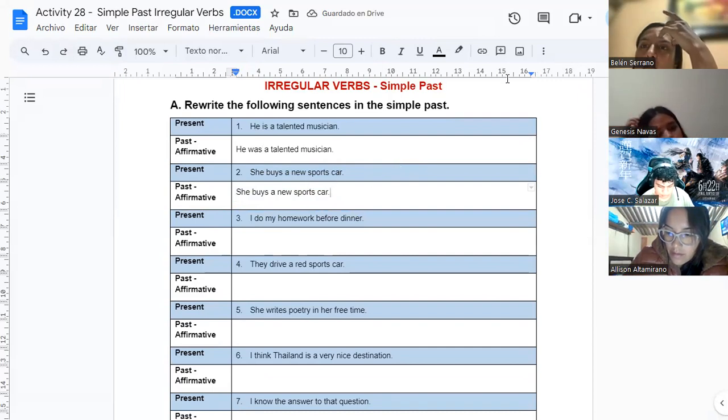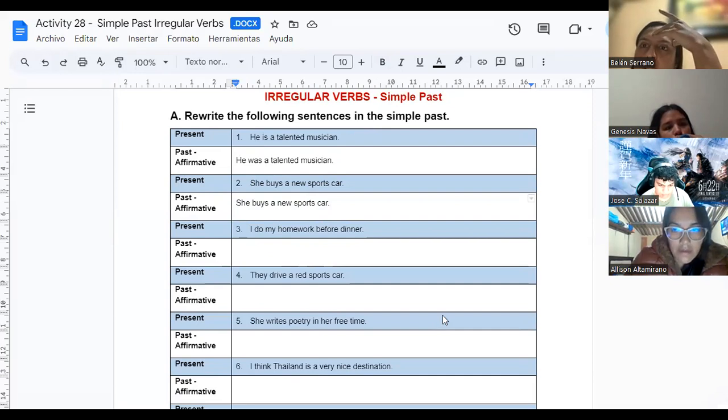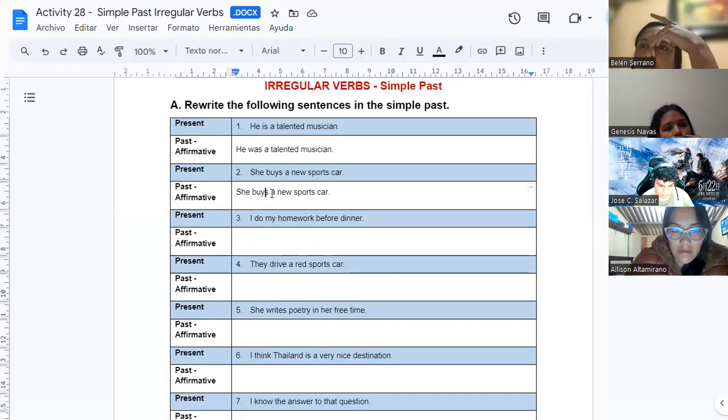What is the simple past of the verb buy? She bought. Very good. Bought. Ese bought es como una O larga. Bought. She bought a new sports car.